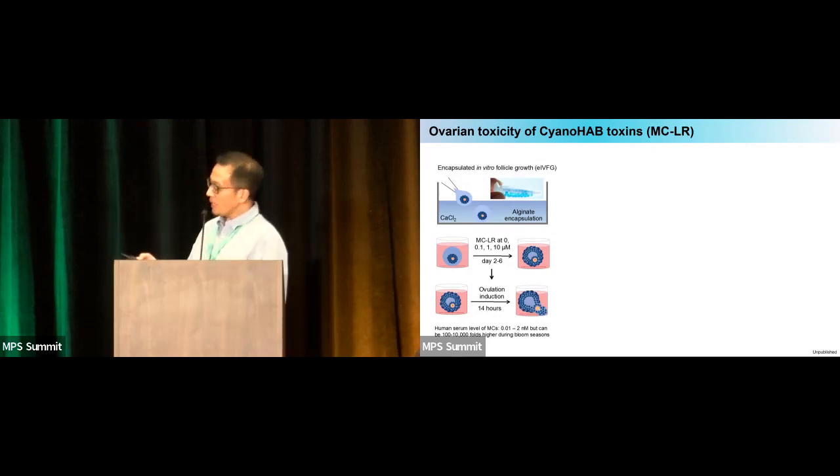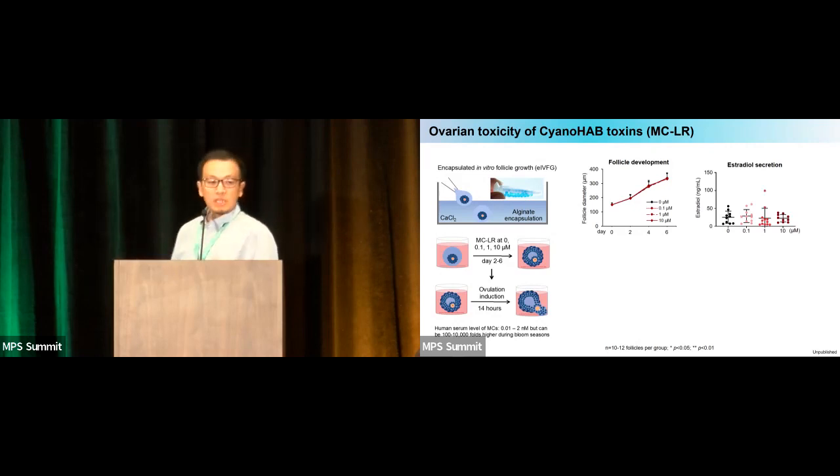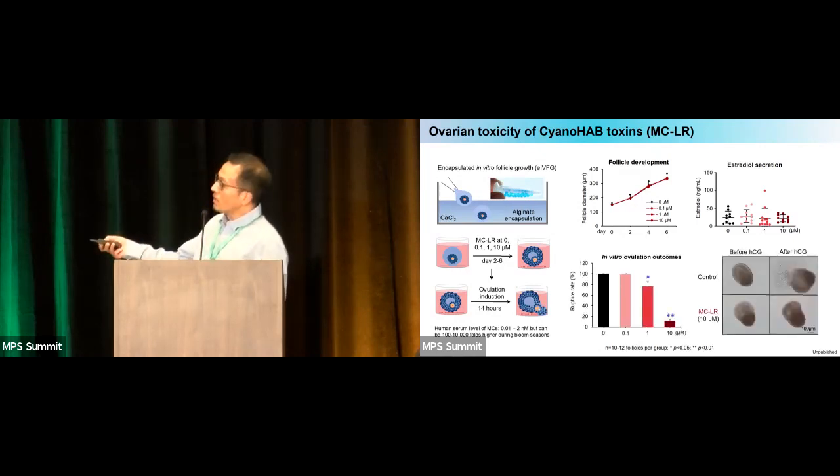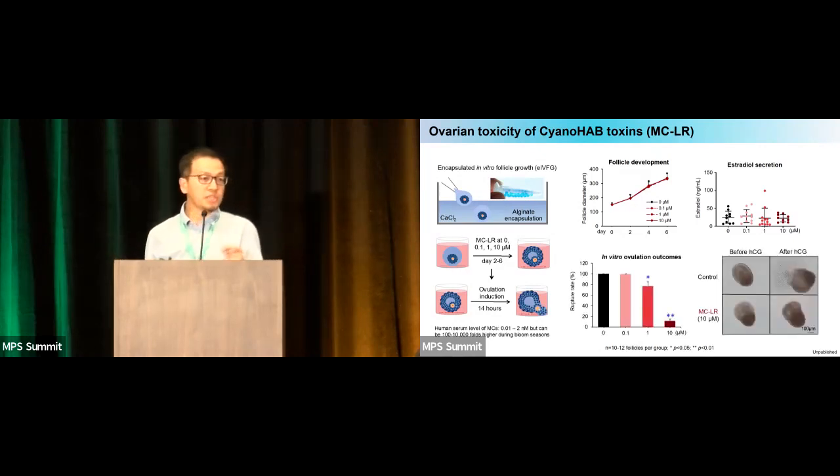Our data indicate that during the follicular phase, before ovulation, microcystin did not affect overall estradiol secretion or follicle survival. However, we found that after we induced in vitro ovulation, microcystin dose-dependently inhibited ovulation.